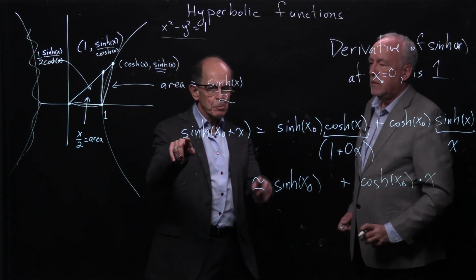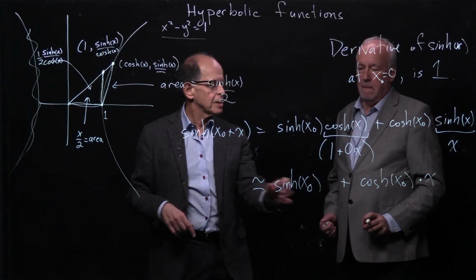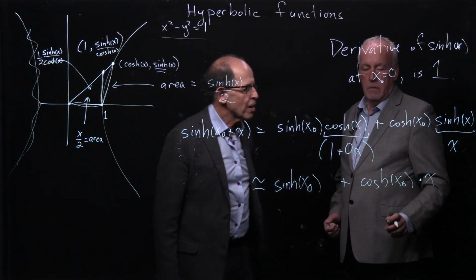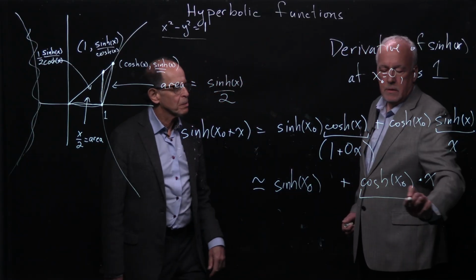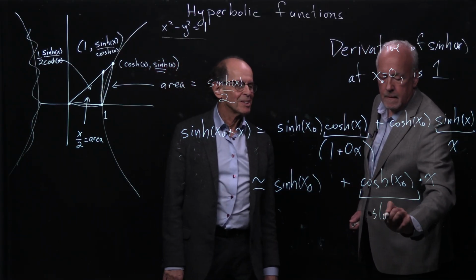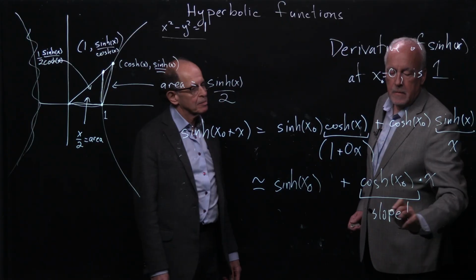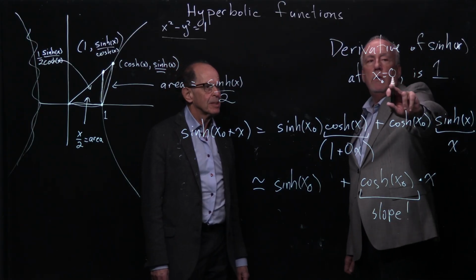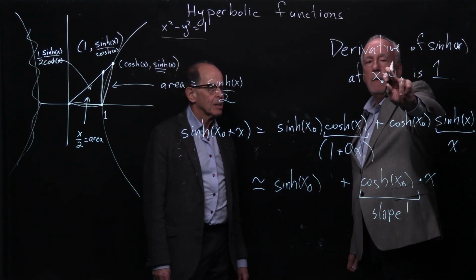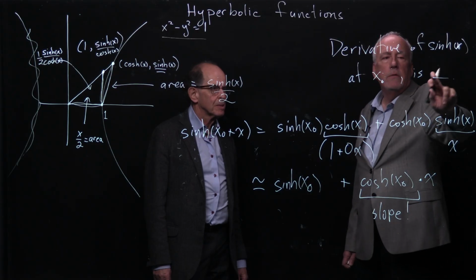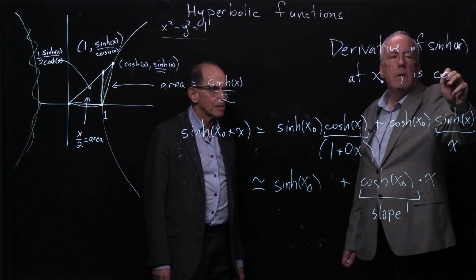Now you subtract sinh x0 to the other side, and this is our linear approximation with slope cosh x0, the derivative of sinh at x0. So for general x0, the derivative is cosh.